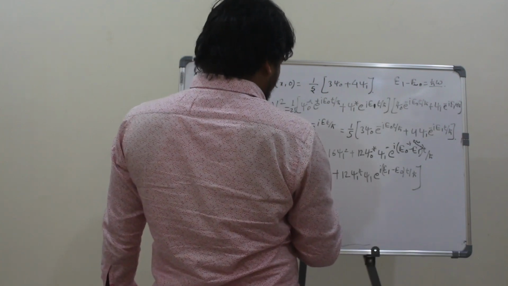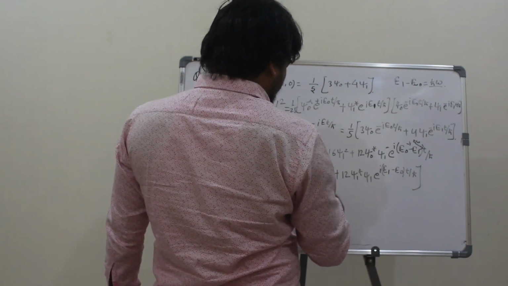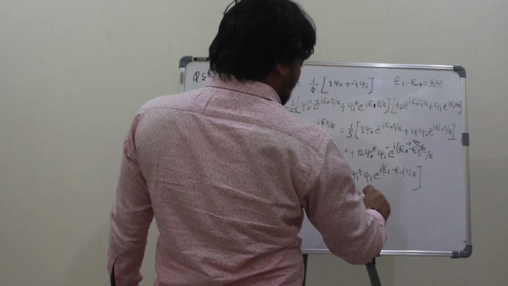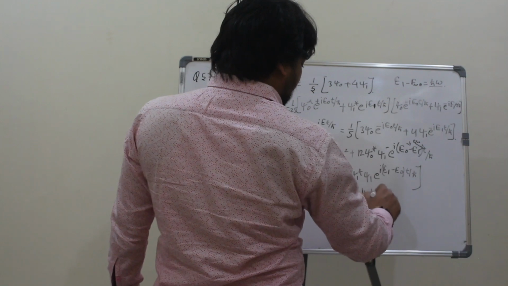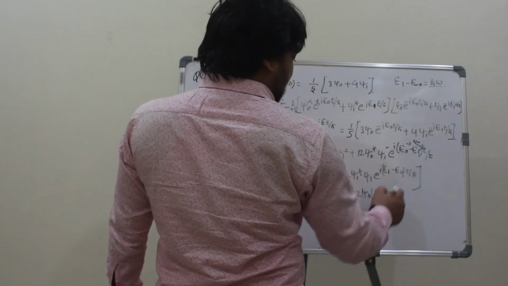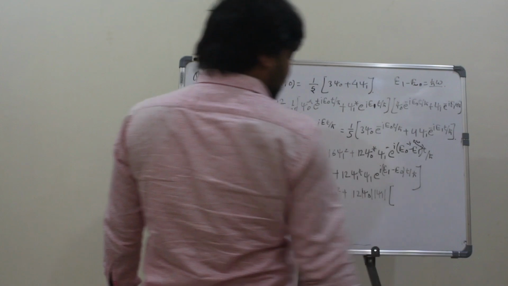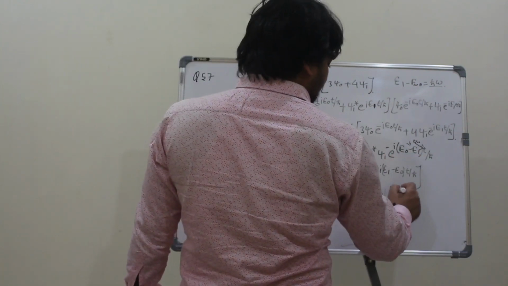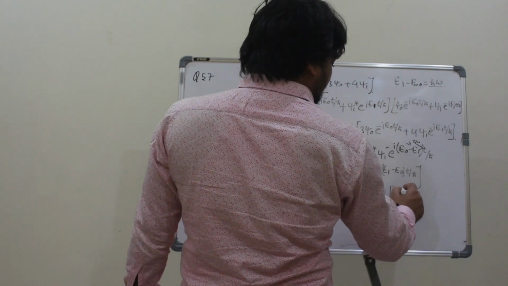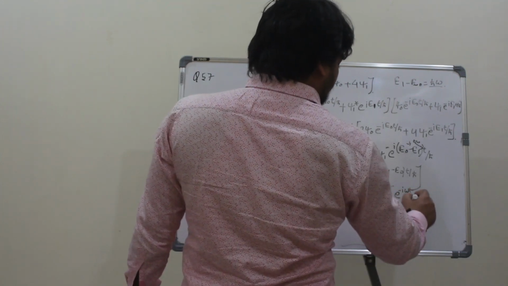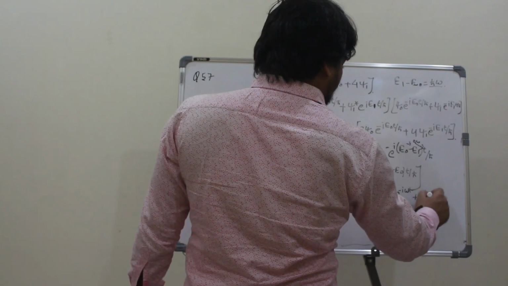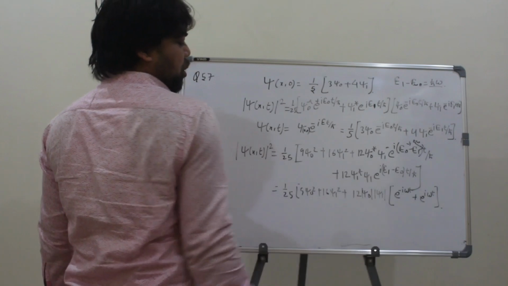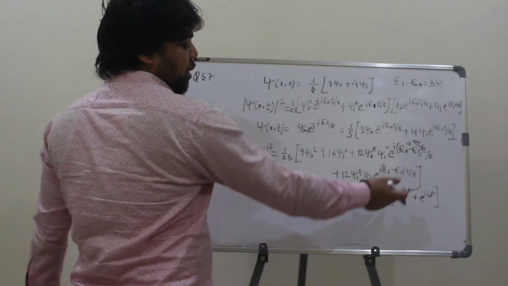This gives you 1 by 25 of 9 psi naught square plus 16 psi 1 square plus 12 mod psi naught mod psi 1, and then take it as common, right? It gives you e to the power minus i omega t plus e to the power i omega t.